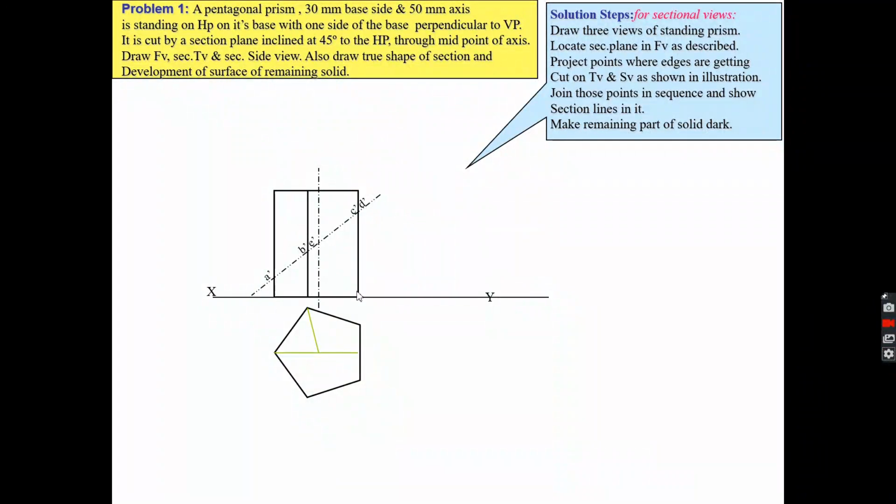Similarly I will mark these points a, b, c, d, and e in the top view also. After cutting the solid, you have to remove the part which is nearer to you, and this part is nearer to you when you see it from the top.